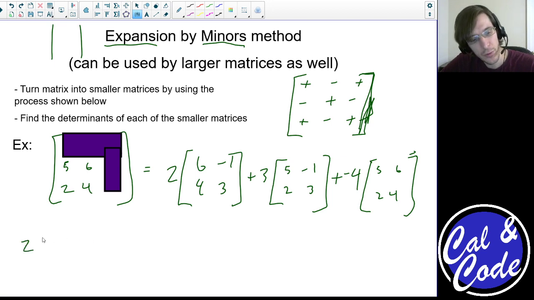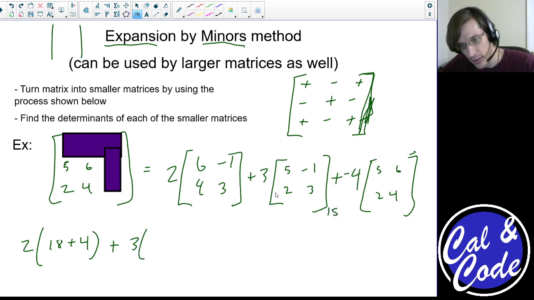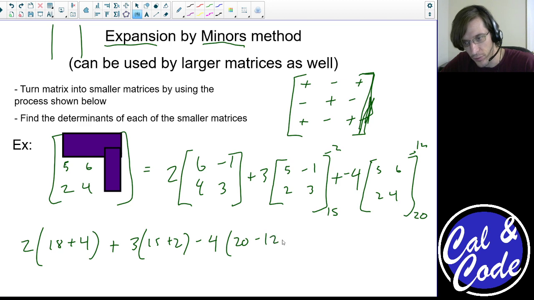So I have 2 times, multiply down is 18, multiply up is -4, subtract the -4, plus 3 times, multiply down, get 15, multiply up, get -2. So I have 15 minus -2, minus 4, multiply down, get 20, multiply up, get 12. So I have 4 times 20 minus 12.